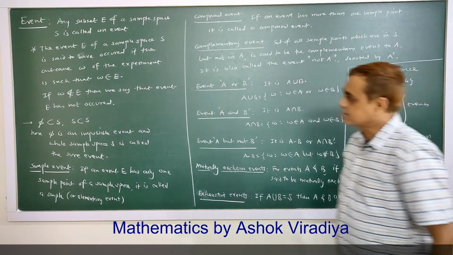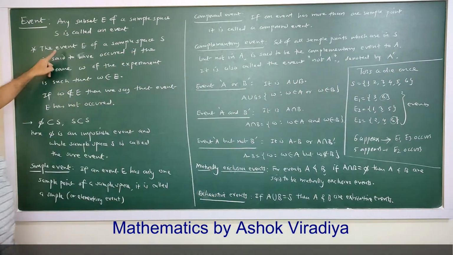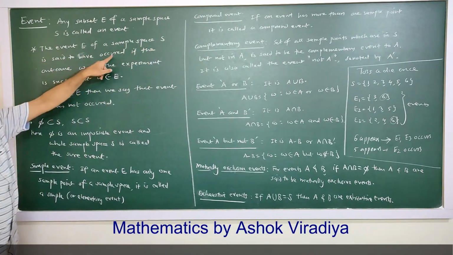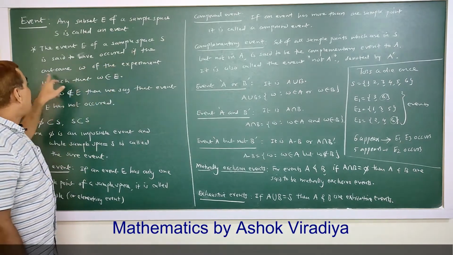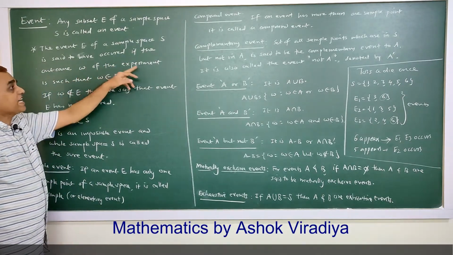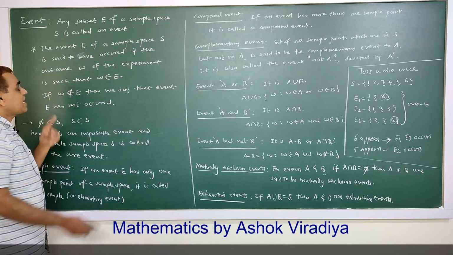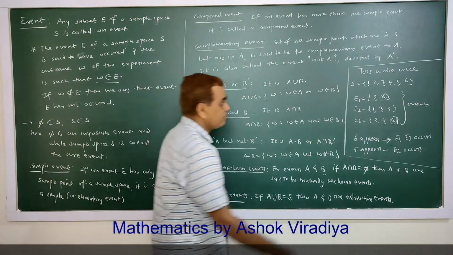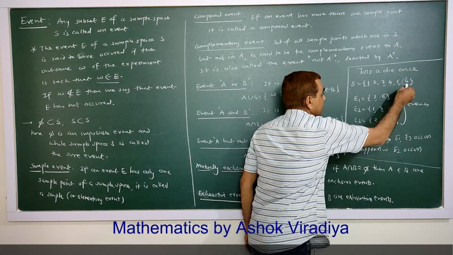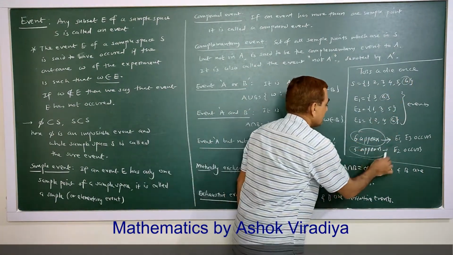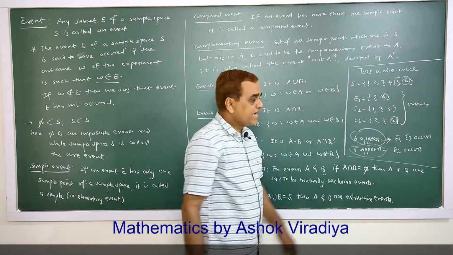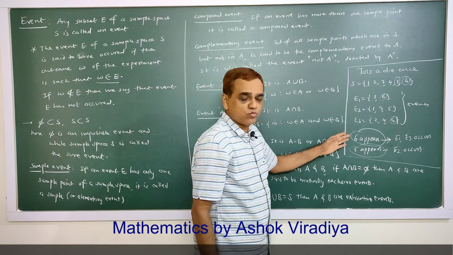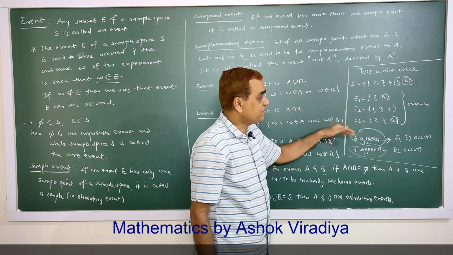So look at the words: the event E of a sample space S is said to have occurred if the outcome W of the experiment is such that W belongs to E. Any outcome from the sample space, check in which event it belongs.